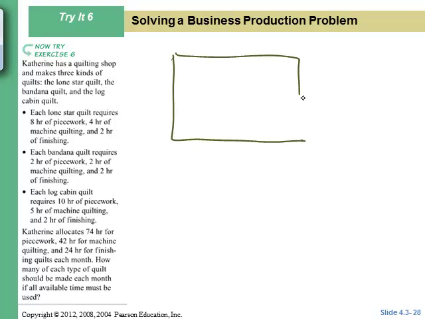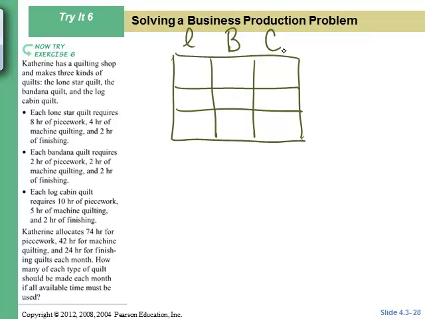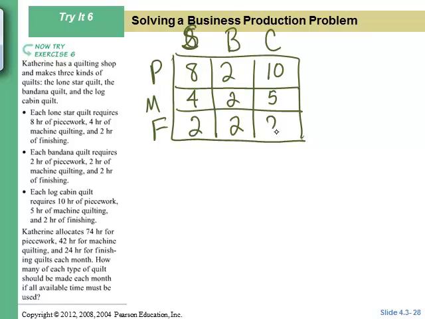So we've got the matrix set up here, a 3 by 3. We've got Lone Star, Bandana, and Log Cabin. Piecework, machine quilting, and finishing. Lone Star is 8, 4, 2. Bandana is 2, 2, 2. Log Cabin is 10, 5, 2.